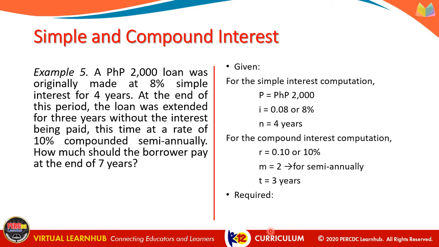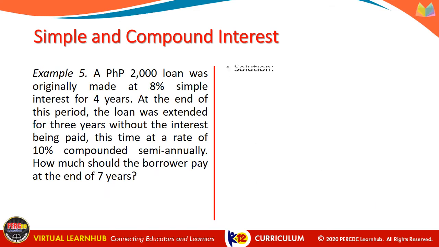In this problem, we are asked to solve for the amount to be paid after 7 years. Let's call it F sub 7. Okay? The future value of the loan after 7 years. For our solution, it would be better to have a cash flow diagram to clearly see what's happening with the loan.